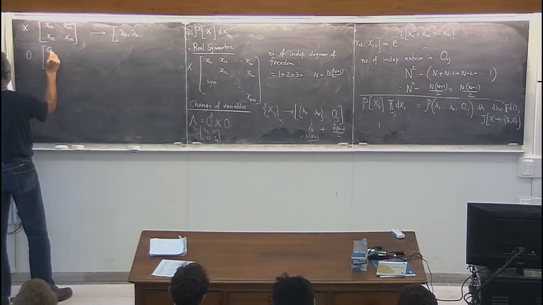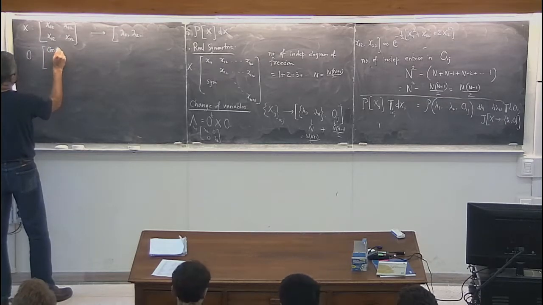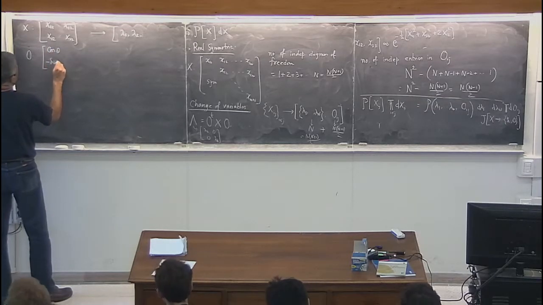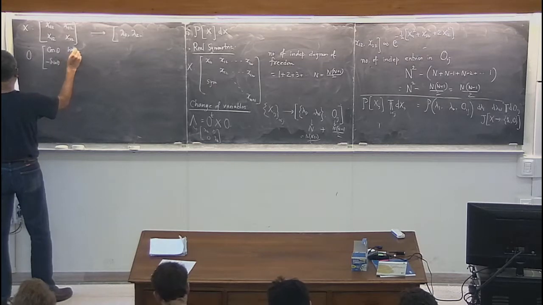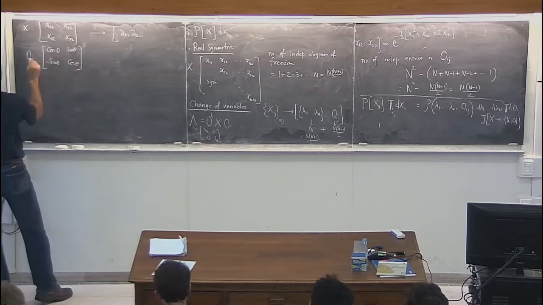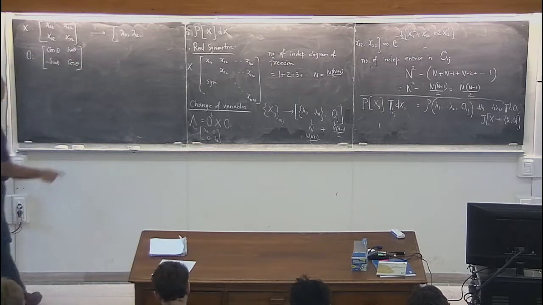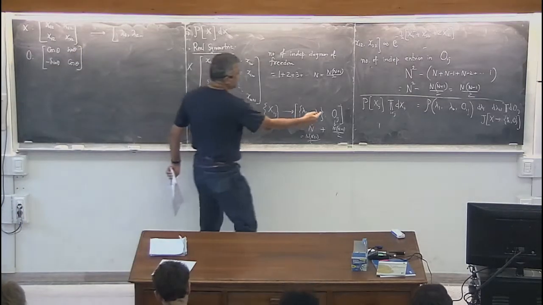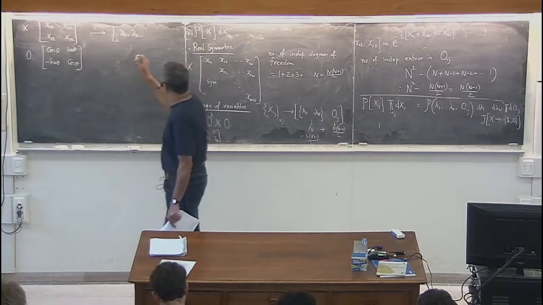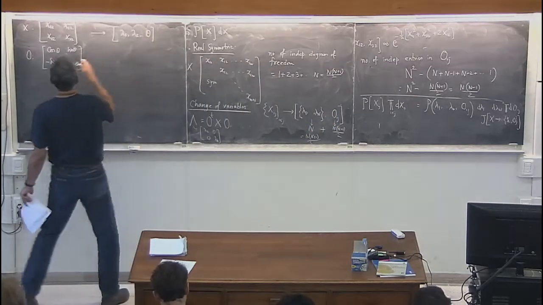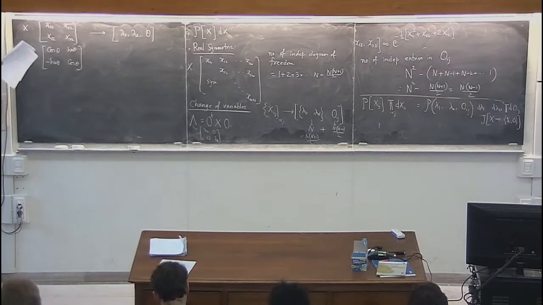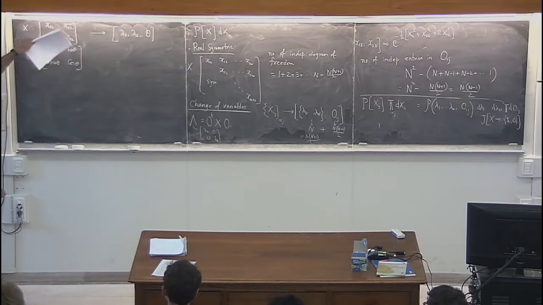So this will be cosine theta, minus sine theta, sine theta, cosine theta. There is only one degree of freedom, theta, which characterizes this orthogonal matrix. I could take cosine theta, but it's easier to take theta basically.